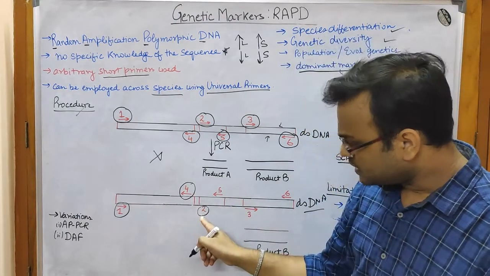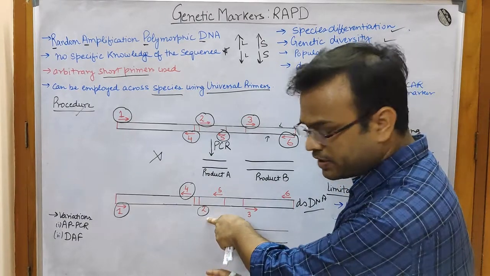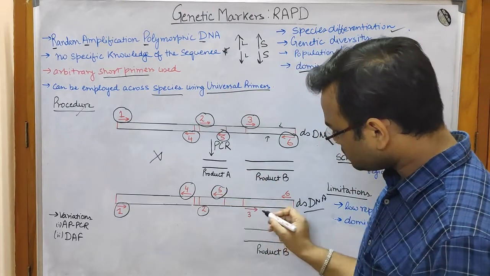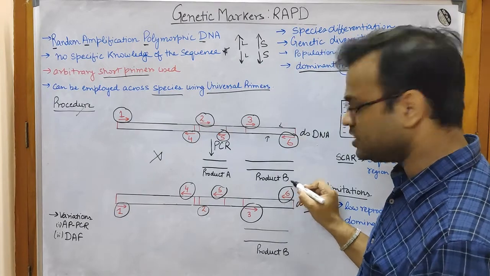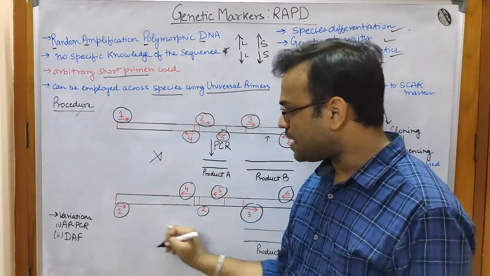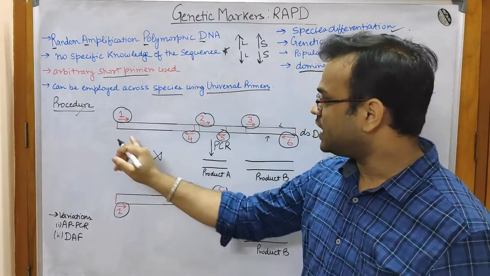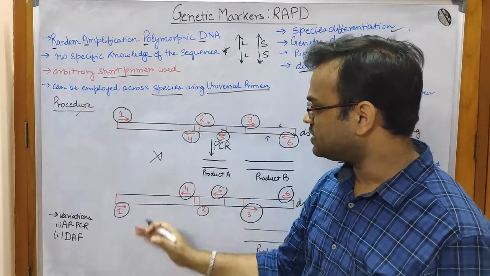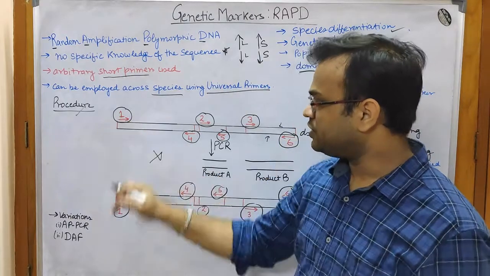Mind that in region 2 there is no primer bound, whereas in region 5 there is a primer bound. In region 3 there is a primer bound, and in region 6 there is a primer bound. Now let us consider what happens in this particular sequence. Again, as I have already explained, because of 1 and 4, here also we had studied 1 and 4, but here I have just reversed the regions.